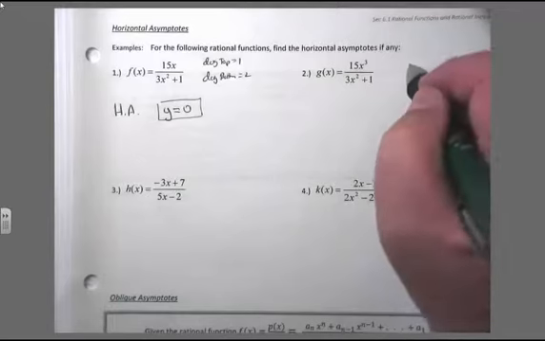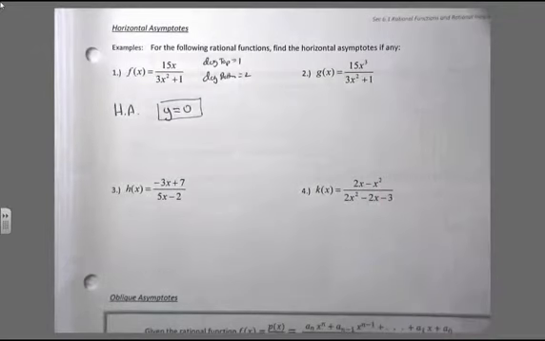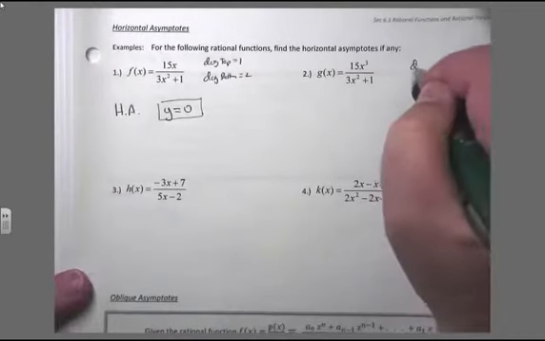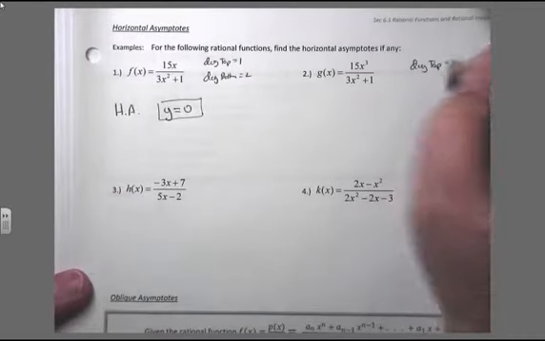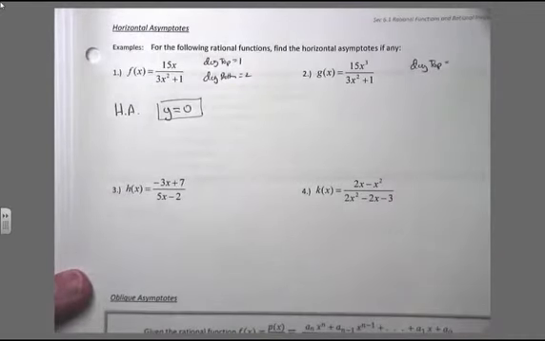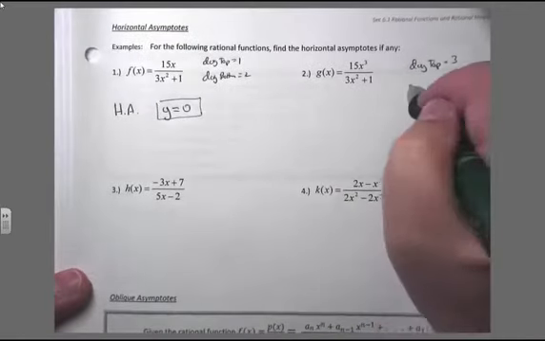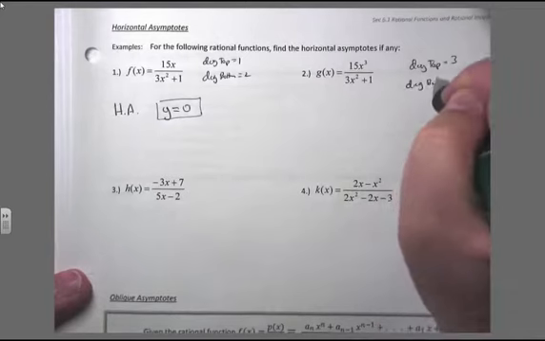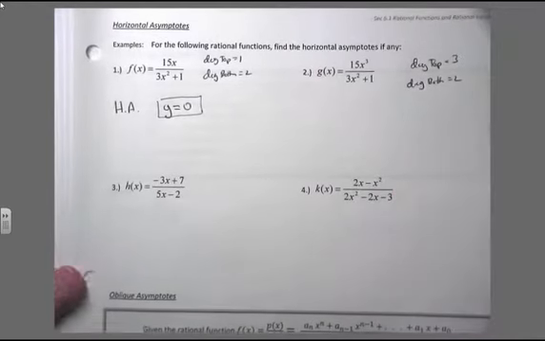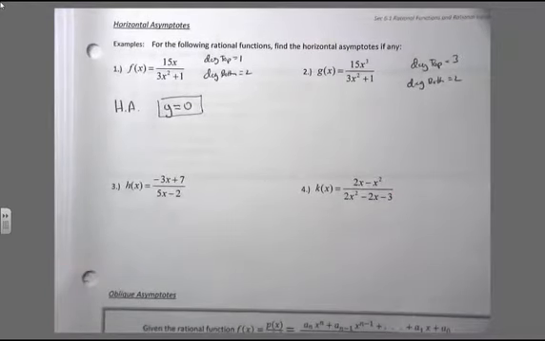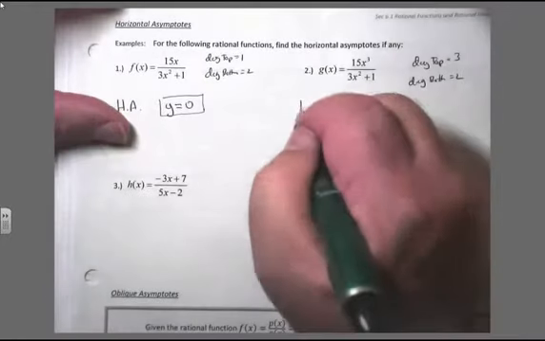Here, g of x equals 5x cubed over 3x squared plus 1. What is the degree of the top? 3. What is the degree of the bottom, the denominator? 2. When the degree of the top is greater than the degree of the bottom, what is your horizontal asymptote?